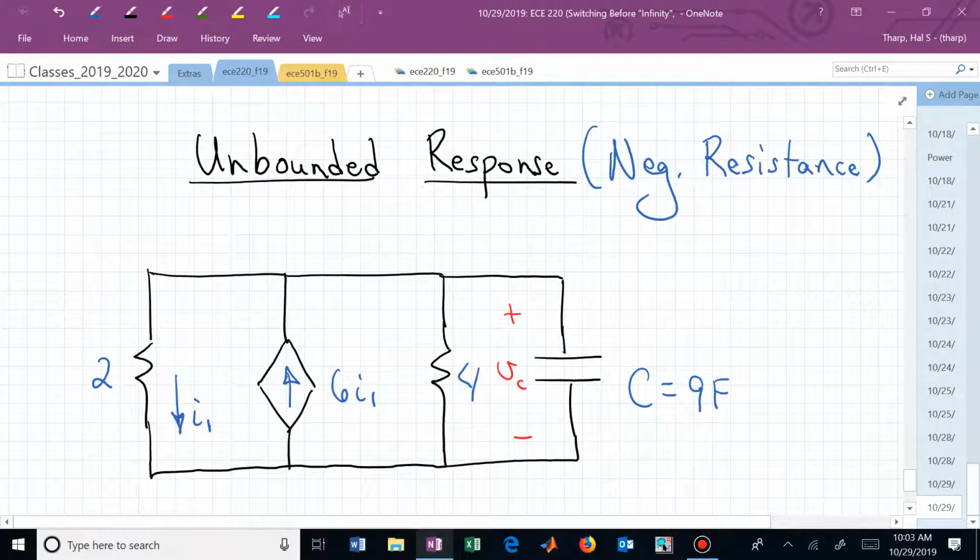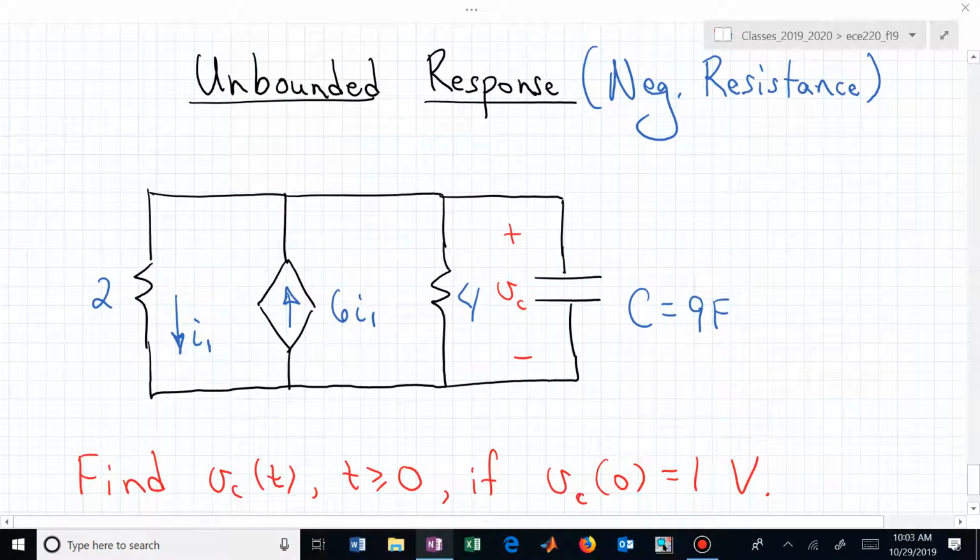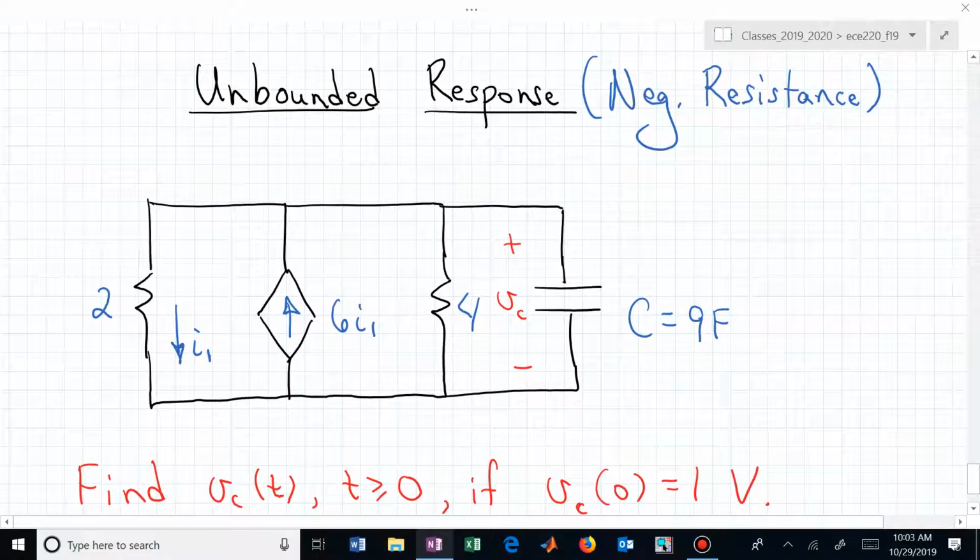Now we just need to go unbounded. For the rest of the class, let's talk about an unbounded response, or what might happen if we have negative resistance in an RC circuit.